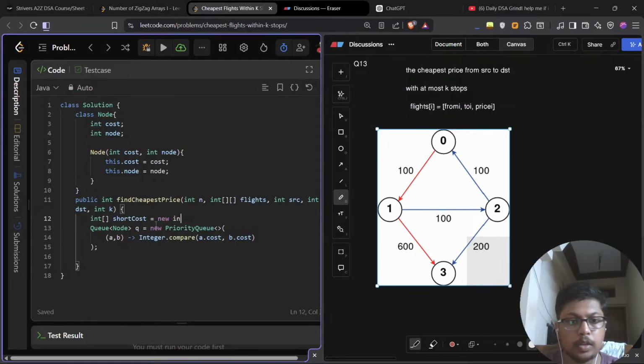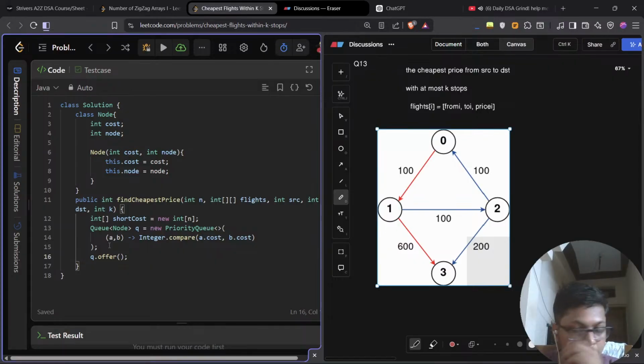Let's say, since we have nodes, okay. Now since we are starting from the source itself, it would be like that.